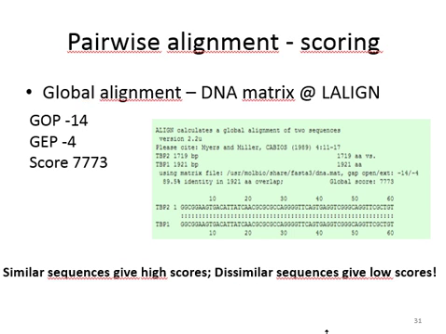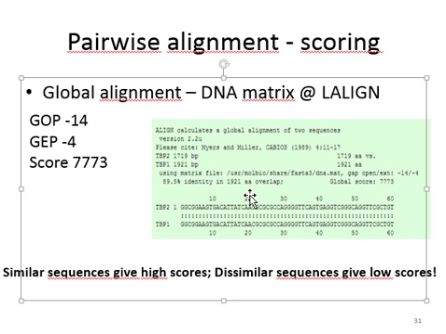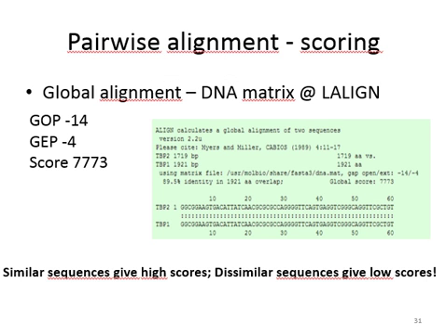So what is a gap opening penalty? The gap opening penalty may be defined as a positive number, but in fact it's a penalty, so it will be subtracted from the sum of the substitution weights.